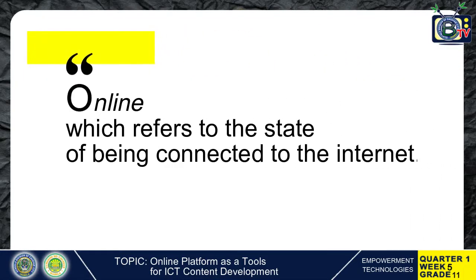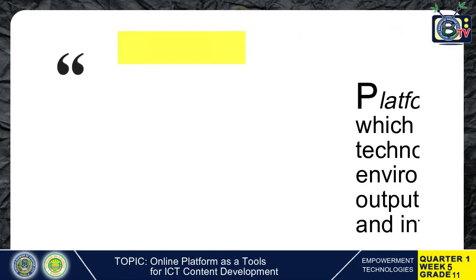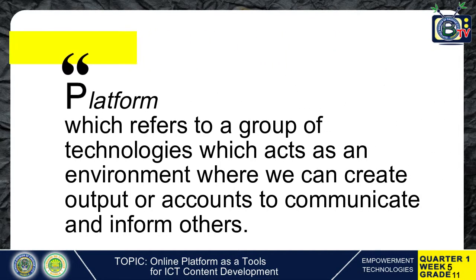Online platform comprises two words. The word online refers to the state of being connected to the internet, and the word platform refers to a group of technologies which acts as an environment where we can create output or accounts to communicate and inform others.